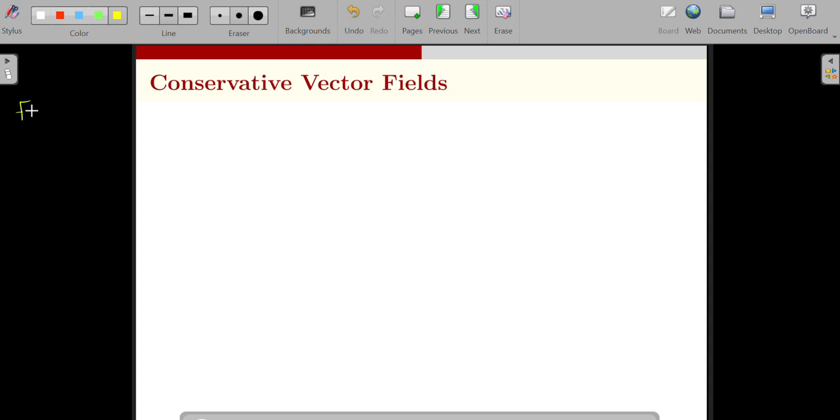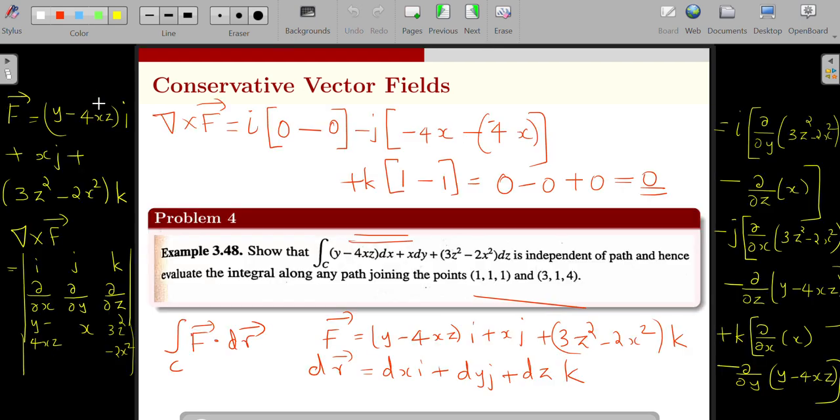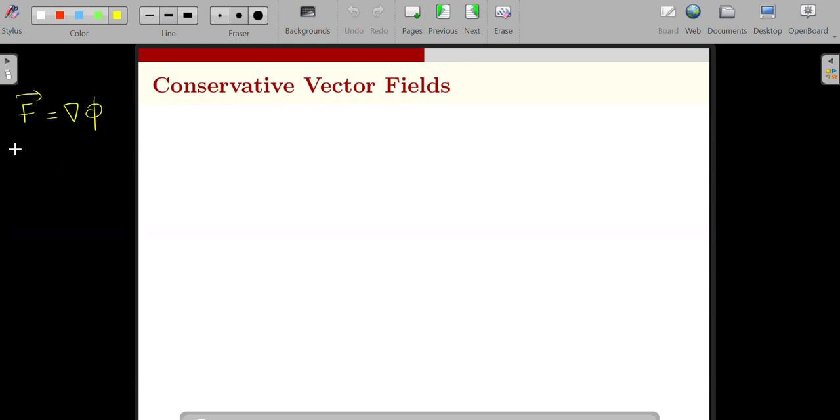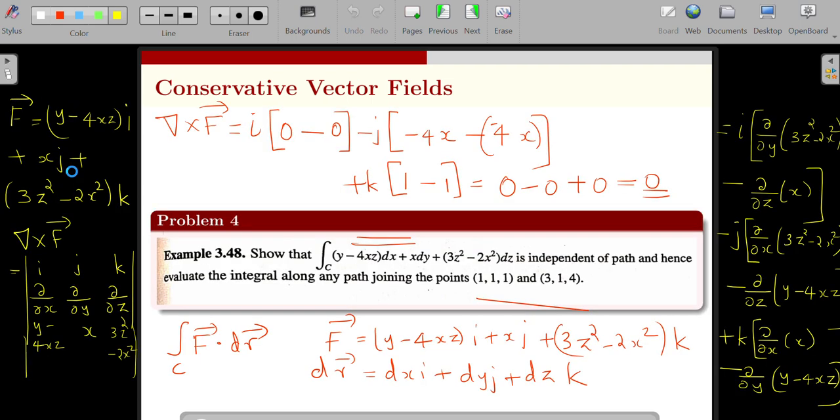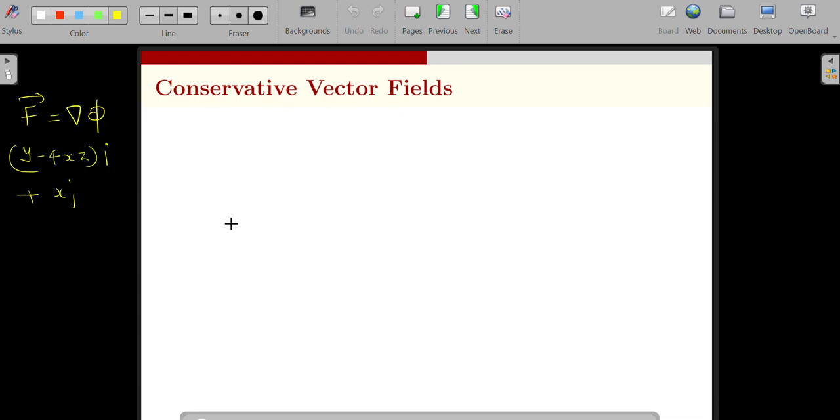So we have F equal to del phi, and our F is given by (y minus 4xz) i plus x j plus (3z square minus 2x square) k.